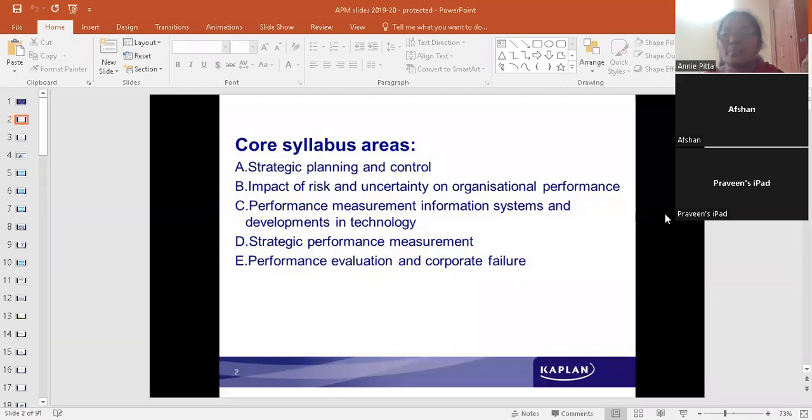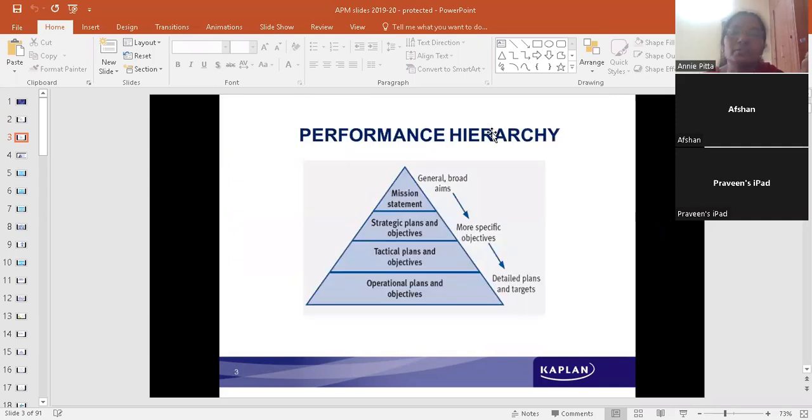As part of strategic planning and control, I'll just explain to you the gist of it. As part of strategic planning, the first thing done is that what it is possible for them to achieve will be assessed. When an organization is established, it would be established with some basic purpose.